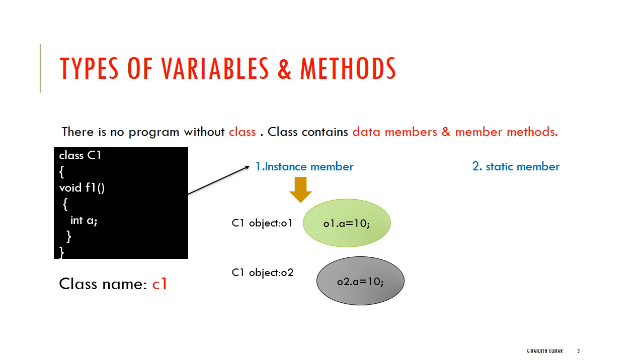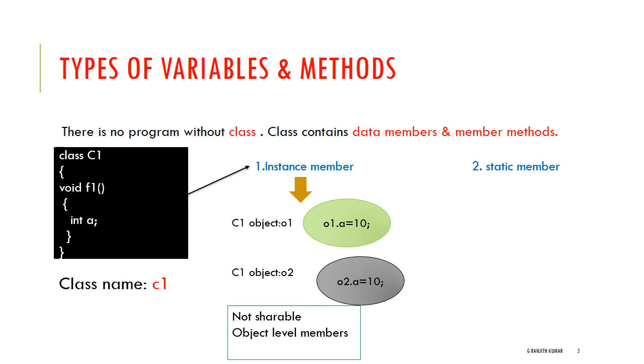Means O1 object memory cannot be shared by O2. Similarly, if you create O3, it will not share the memory of O2 or O1. Means no single memory location is shared by multiple objects. That's why these instance members are not shareable. And since these members are accessed using the object name, we can also call them object level members.